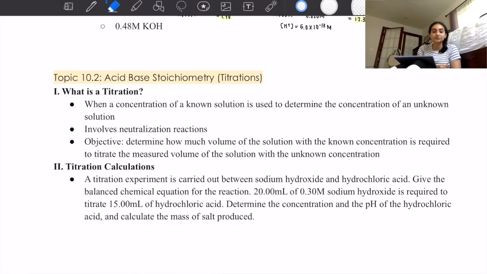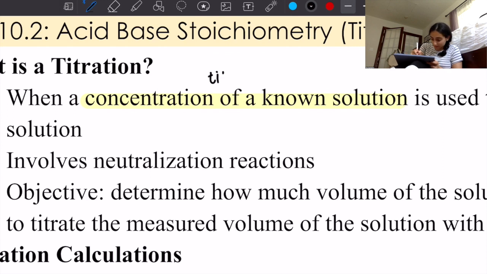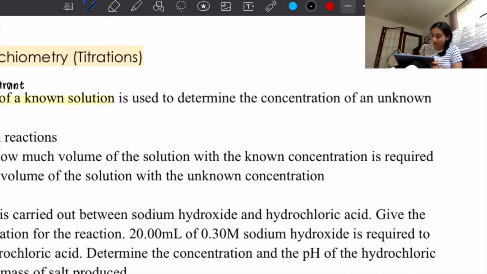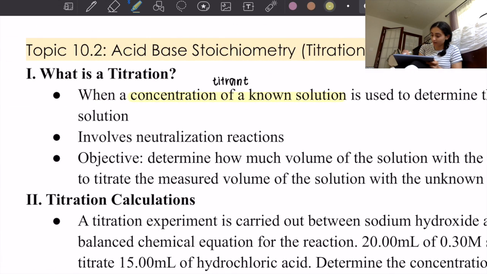Okay, so I'm first going to go over what a titration is. A titration is when you use a concentration of a known solution, which is called a titrant, to determine the concentration of an unknown solution, and that is the titrate.